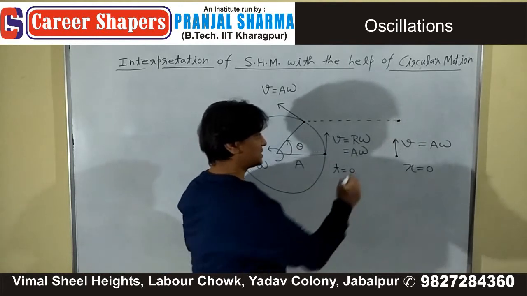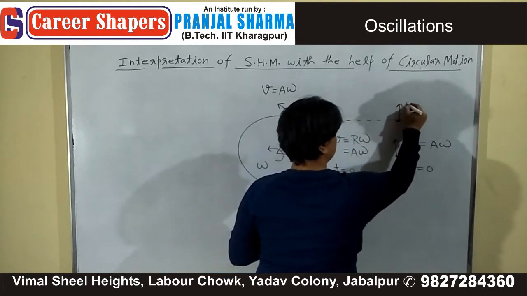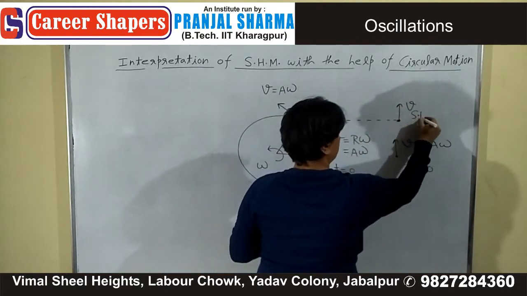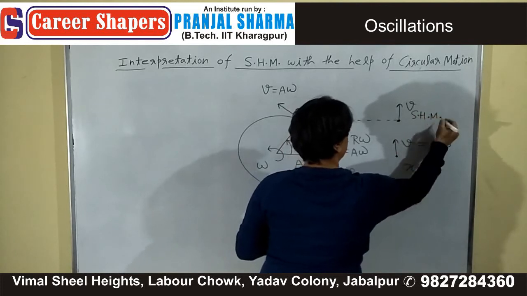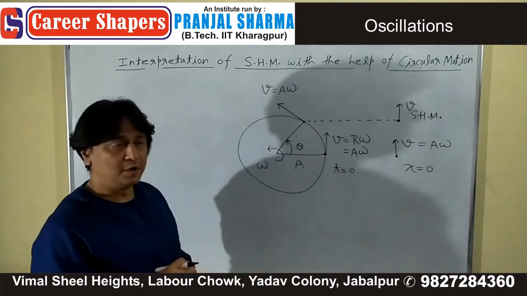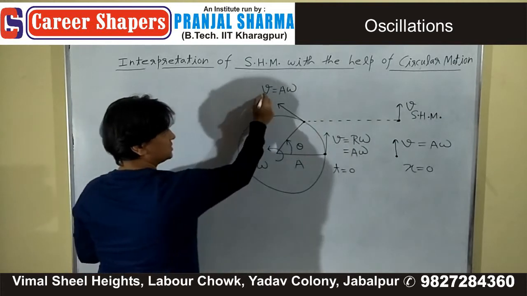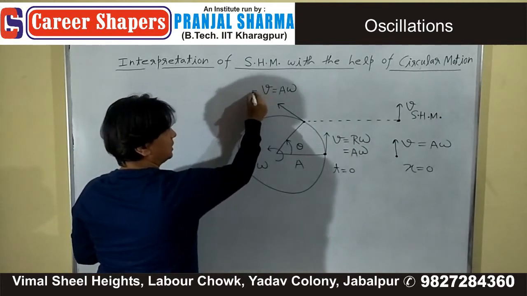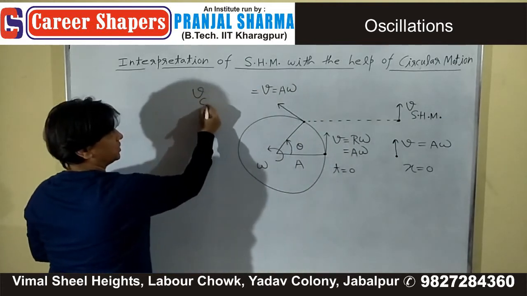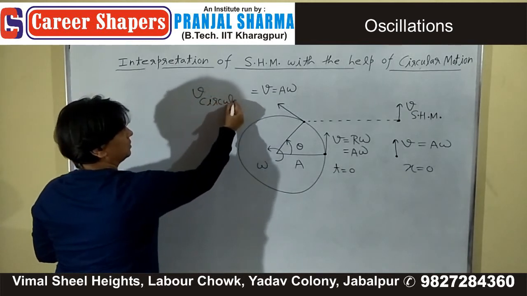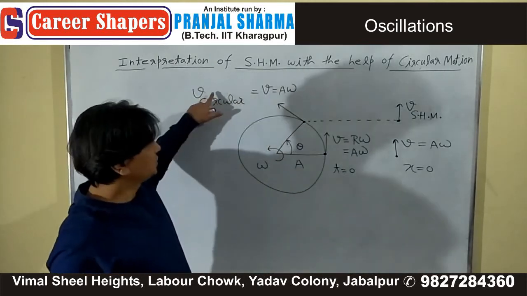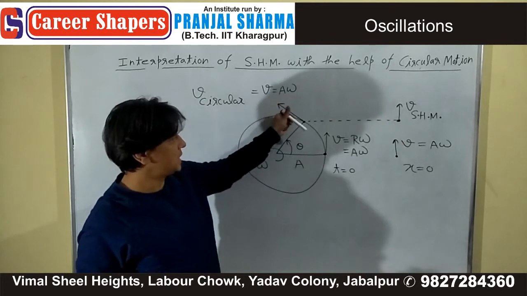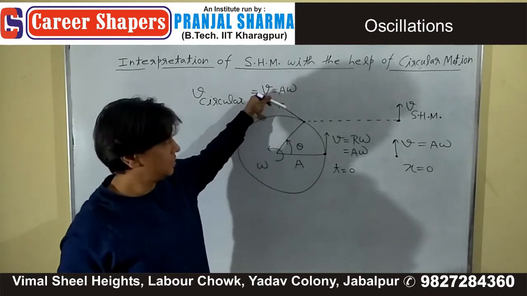And we are interested in this V. Which V? Velocity during simple harmonic motion. What is this V? This V is for circular motion. For circular motion, V is A omega or R omega.